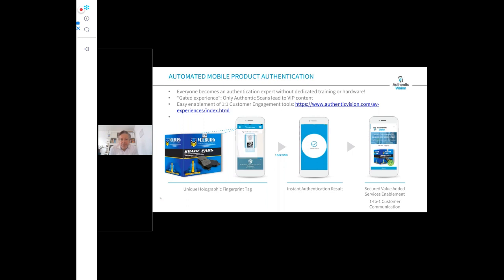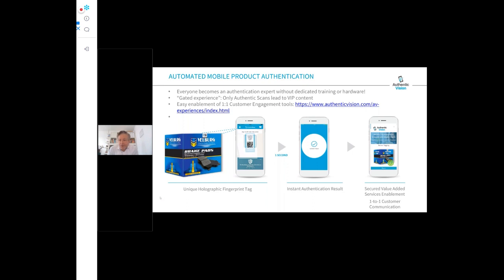After showing the authentication result, which is hopefully positive, an authentic product, the user or the customer will be directed to a landing page, which then creates for the brand owner various opportunities for additional communication for customer engagement.